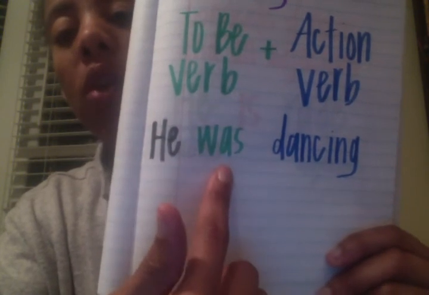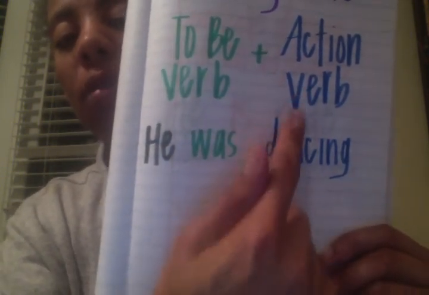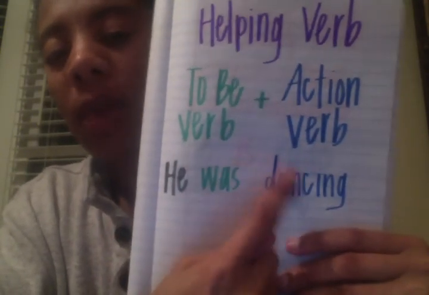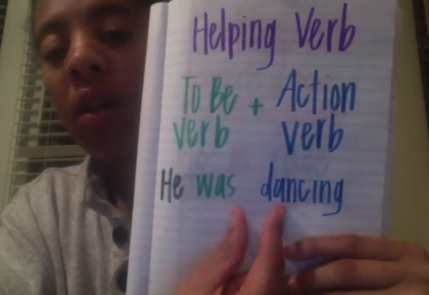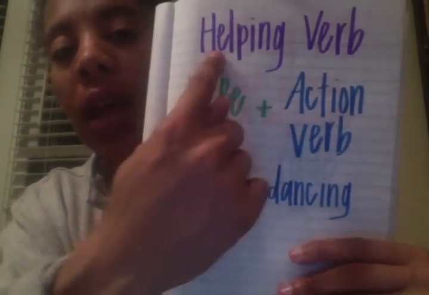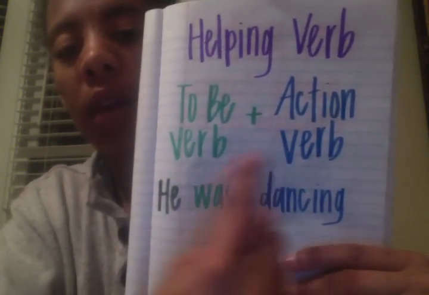You cannot show me was. Dancing is an action verb. You can show me dancing. The to be verb comes right before the action verb. This pair of verbs makes it a helping verb. This verb is helping this verb.